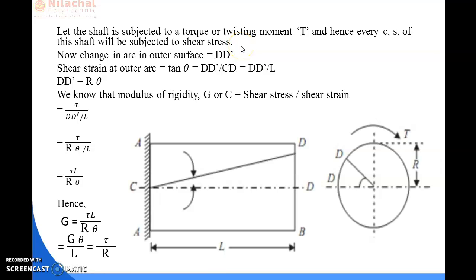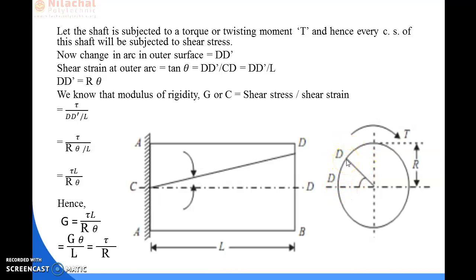Now we have to find out the shear strain value, as we know that in case of a shaft section, due to the torque in that shaft, shear stress is developed. So hence shear strain also occurs. So we can say now the change in arc on the outer surface is D D dash, that is from this point to this point, and in the cross section, here to here.